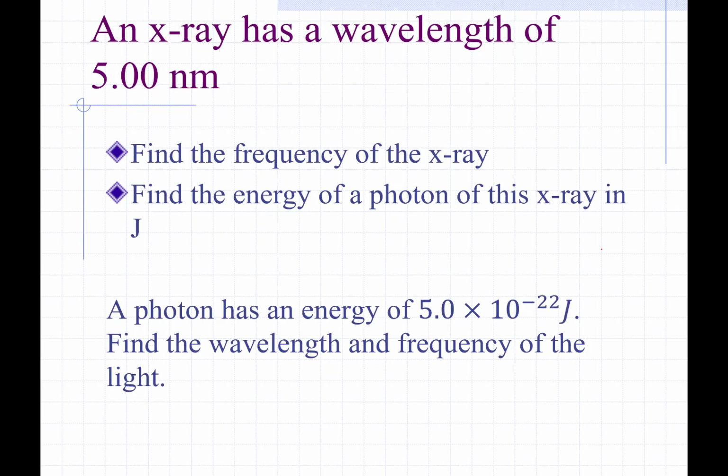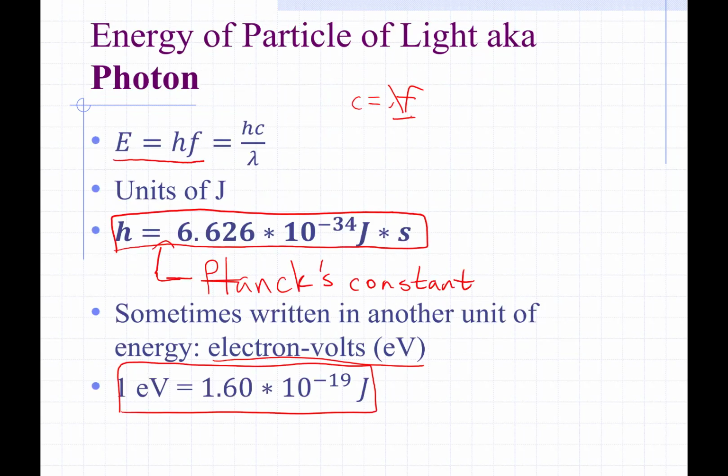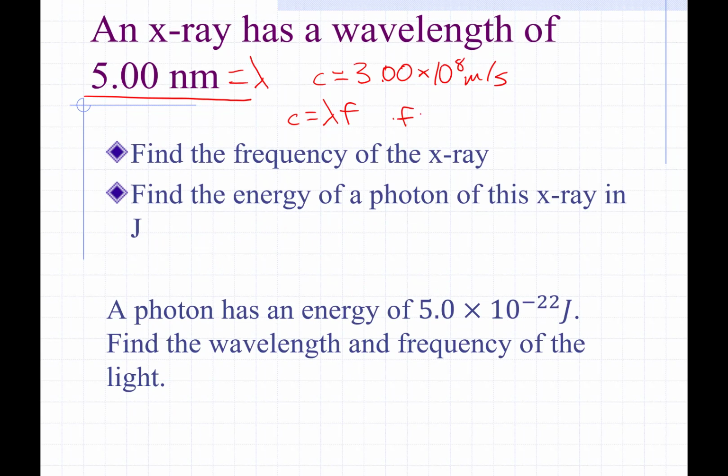Okay, well, we're given this is our wavelength. We know that the speed of light is c, which is 3.00 times 10 to the 8 meters per second. So we're going to use c equals lambda f to find the frequency. F is then equal to c over lambda if I just divide both sides by lambda.